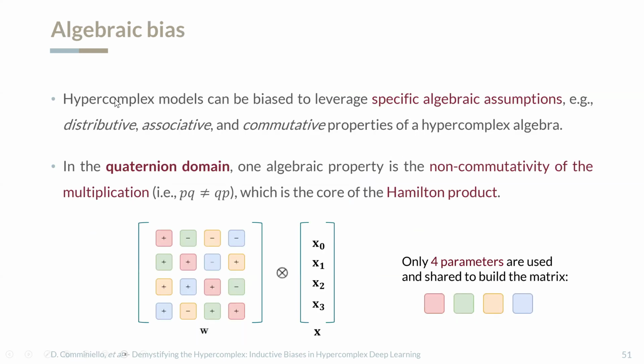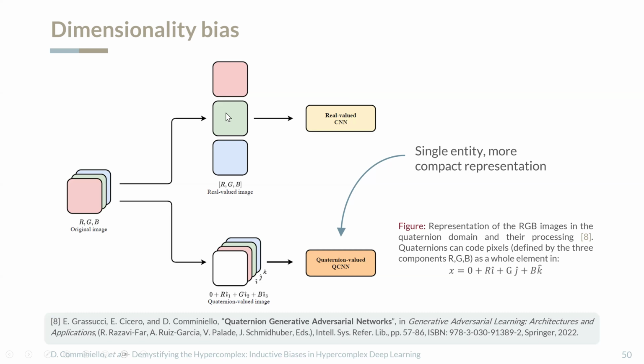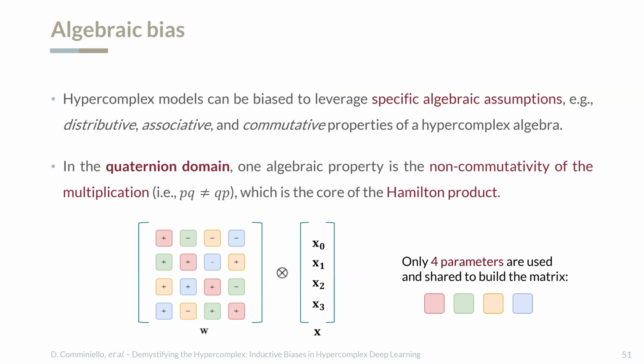So we can exploit the dimensionality bias just by using signals that are multidimensional by nature, by definition. We can exploit some algebraic bias, which are very specific to the hypercomplex algebra that we use.